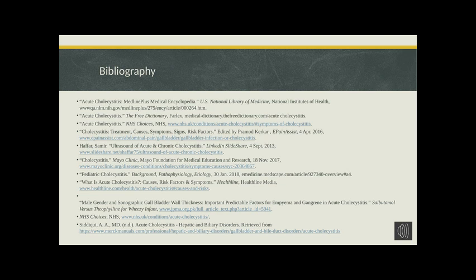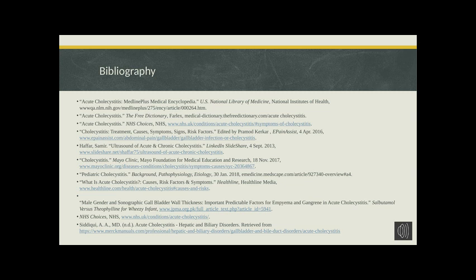So finally, this is the bibliography page where I got the information from. If you want to know more about acute cholecystitis disease, you may search those links, and hopefully you will get some more information about it.